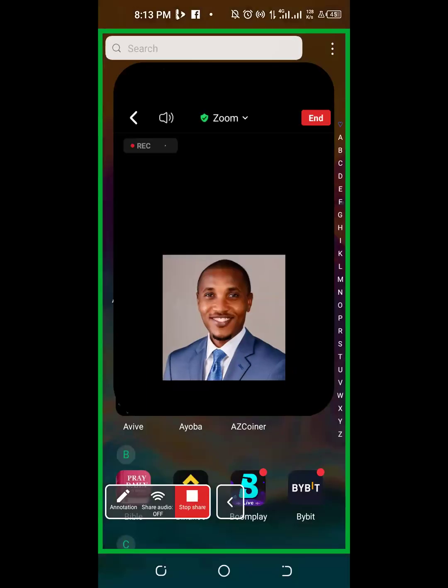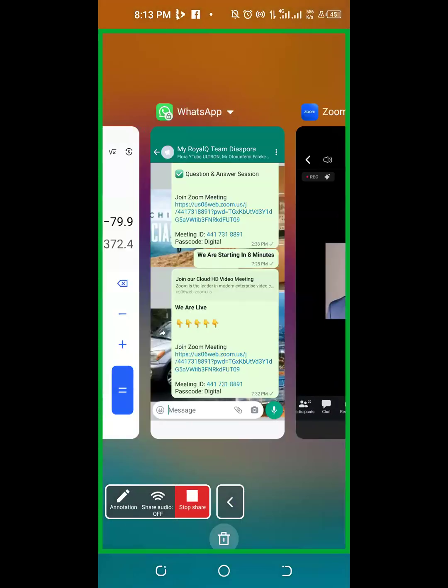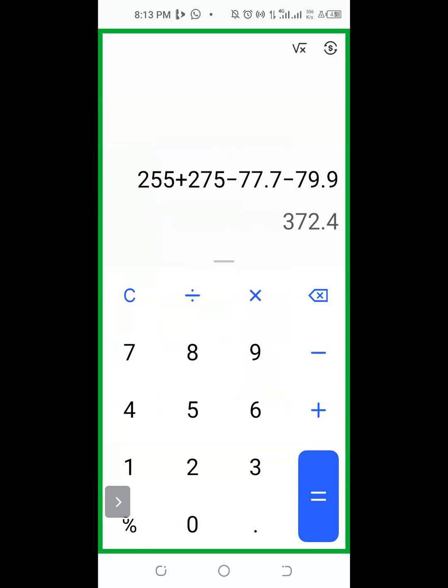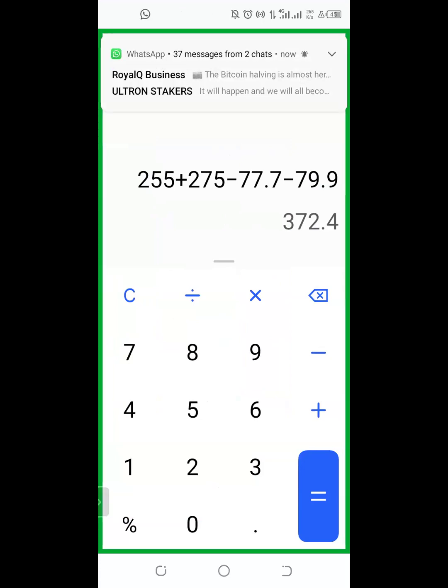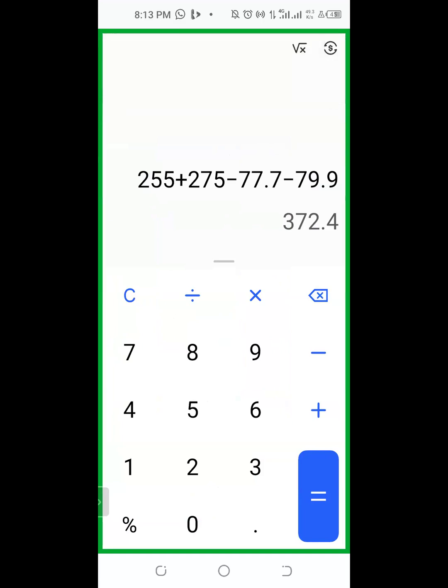So as I was saying, if I go to my Binance, I will discover that my money has reduced to $372. Now, this is not an actual loss. It's just that all the coins that I'm trading have gone down by a total of 77 plus 79. So that's why my balance has reduced. That's why we call it floating loss. It's not an actual loss.